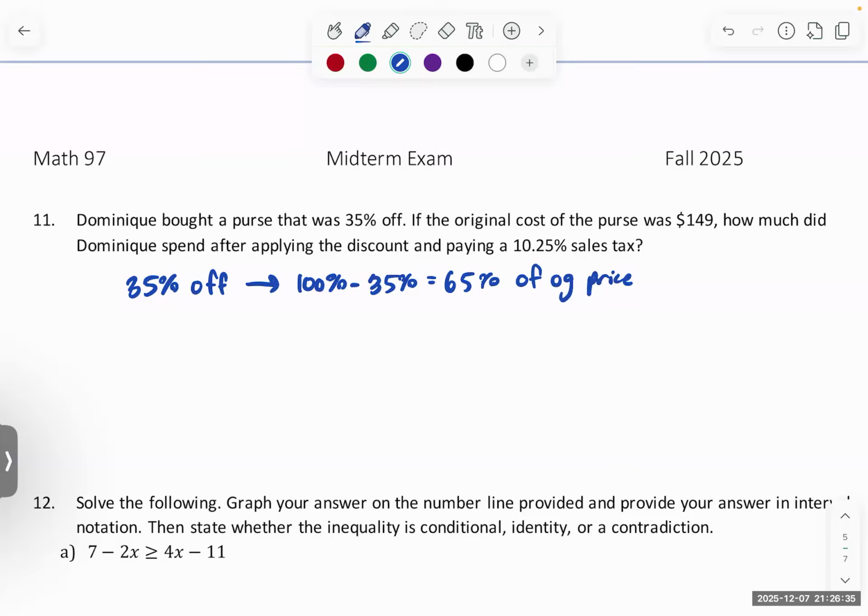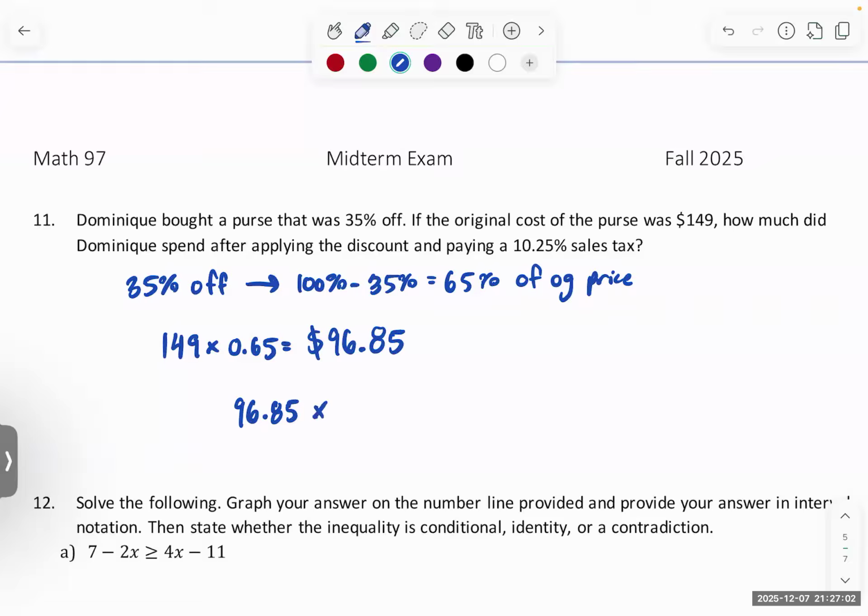So from here, we're going to do 149 times 0.65, which is $96.85 for the purse on sale. And then you're going to take 96.85 and calculate the tax.